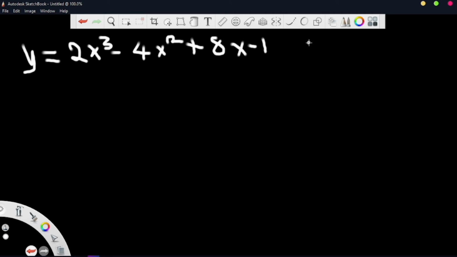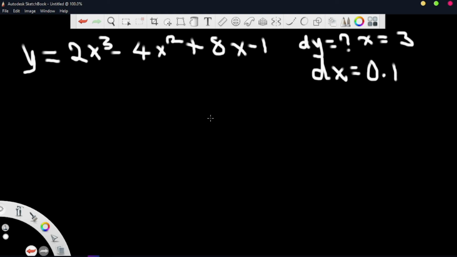So they want me to find my dy, represented by a question mark. My x has been given as 3, and then my dx, let's say, was given as 0.1.